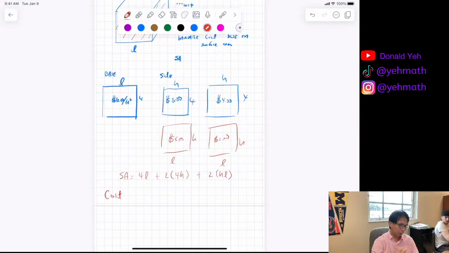The cost for the bottom is going to be $10, so it'll be $10 times 4L. Is that okay? Plus 4H times $5, plus 2HL times $5. Am I going too fast?